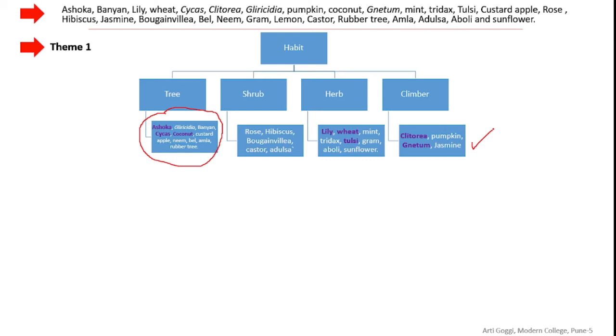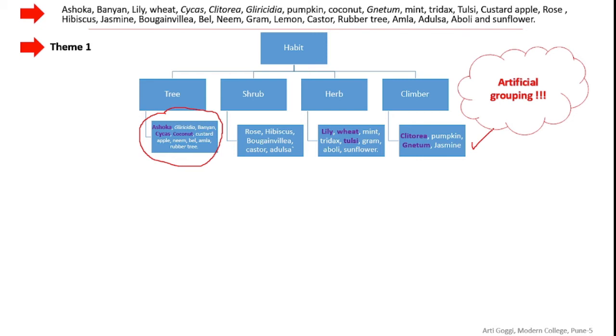These plants are not showing any natural affinity with each other. So I would say that this is an artificial grouping of the plants, and I call this an artificial system of classification. I cannot use this type of classification, although it is very easy to use and easy to prepare.